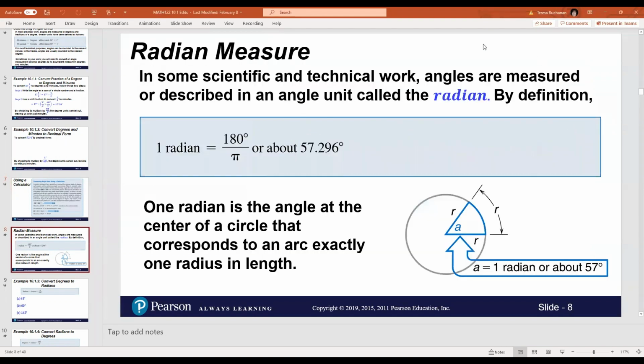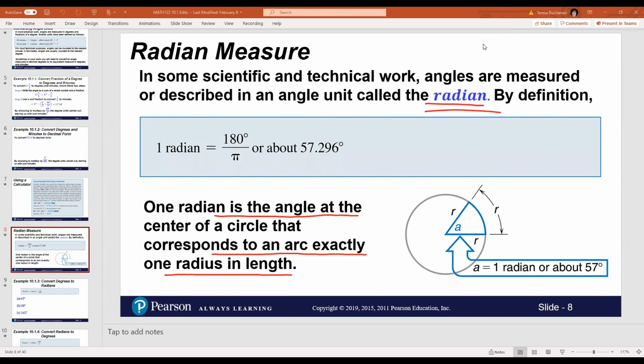Radians. In some scientific and technical work, angles are measured or described not by degrees, but by something we call a radian. A radian comes from this idea: a radian is the angle at the center of a circle that corresponds to an arc length exactly one radius in length.